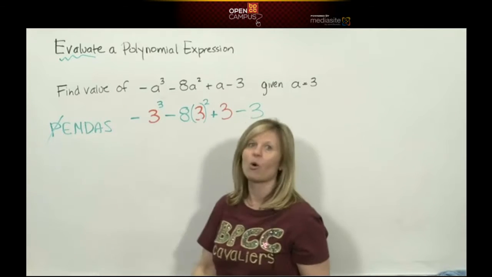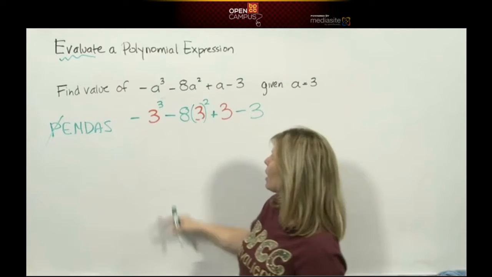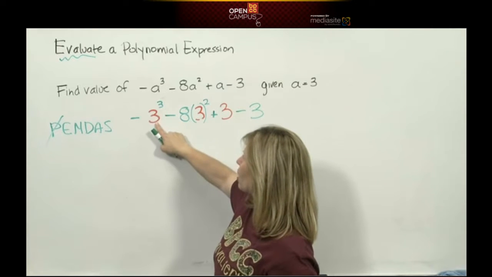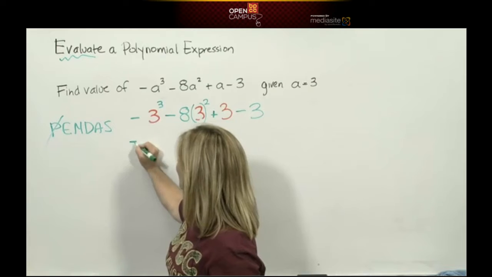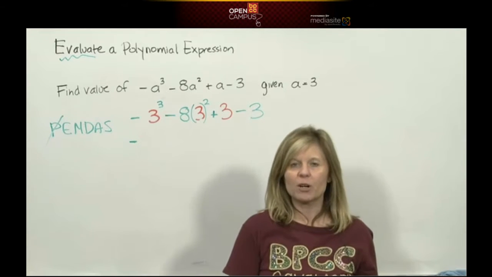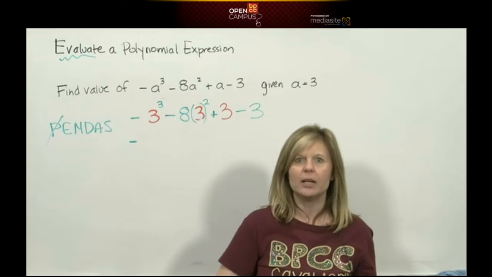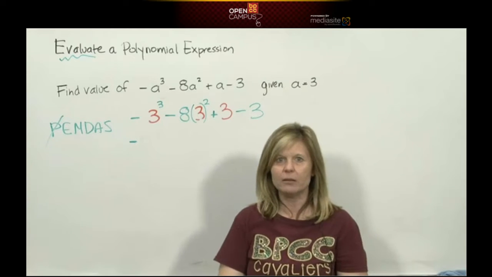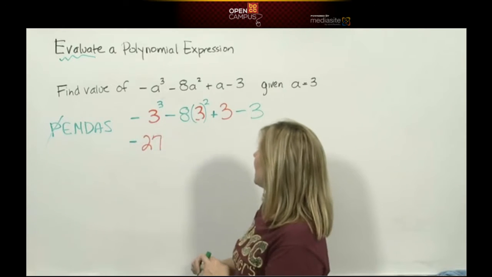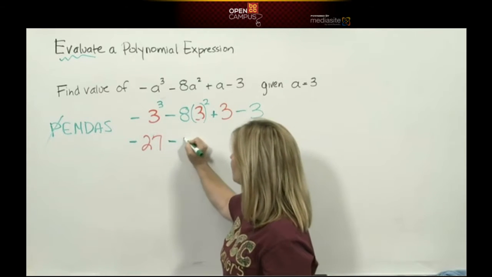What does E stand for? Exponent. Okay, here's our first exponent. This exponent 3 is on this 3. So we're going to leave that negative sign. What is 3 cubed? Well, we know from arithmetic, 3 cubed means 3 times 3 times 3, which is 27. Okay, I'm going to bring down the minus 8.